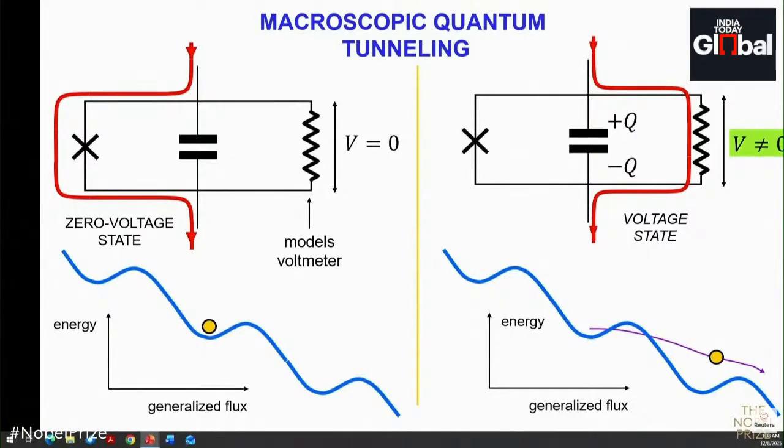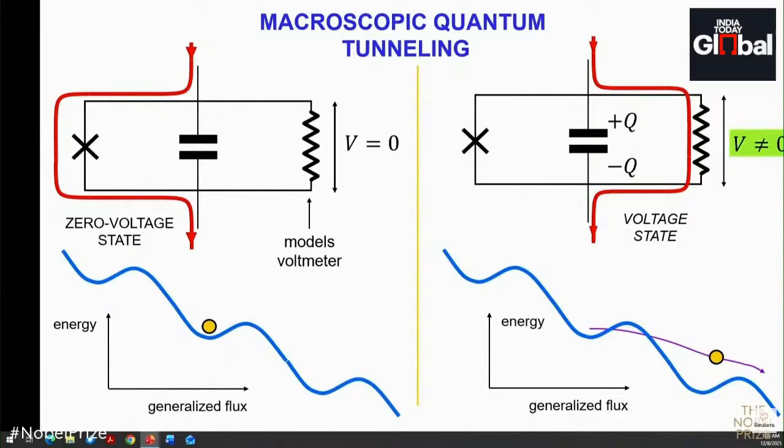The particle is trapped. It can move in the well, but its average velocity is zero. That means that across the circuit, the voltage is zero. This is the zero voltage state.